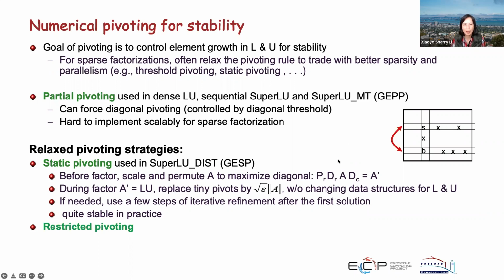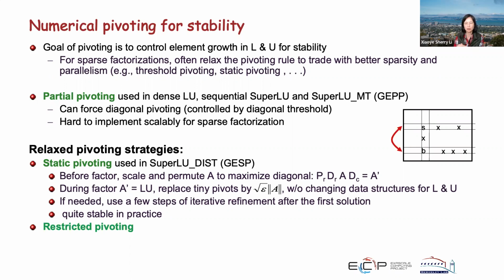That's why partial pivoting is difficult to do for distributed memory. We did partial pivoting in sequential and shared memory, and it is very good numerically. But for distributed memory, we actually use a graph algorithm to do static pivoting. Based on matrix A, instead of the dynamic LU, we find the maximum elements and pre-permute them onto the diagonal.